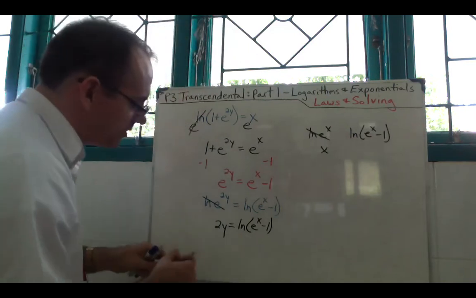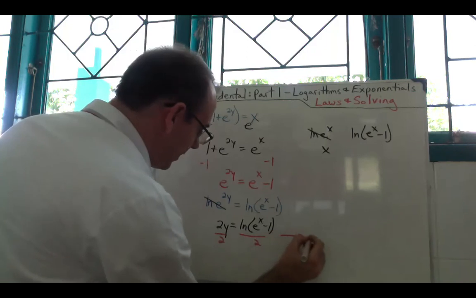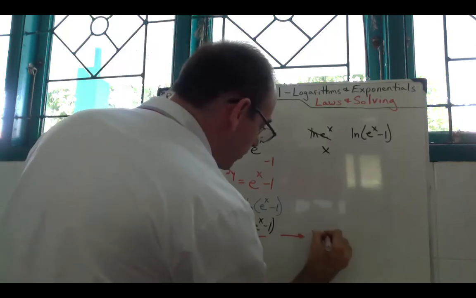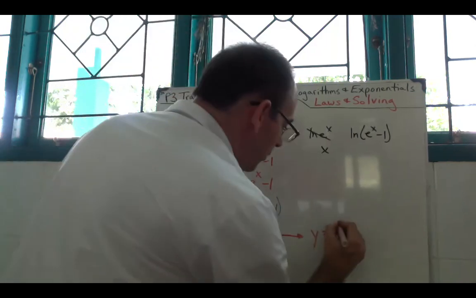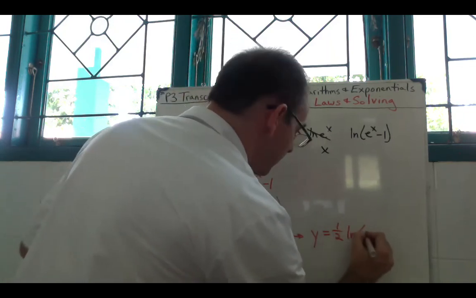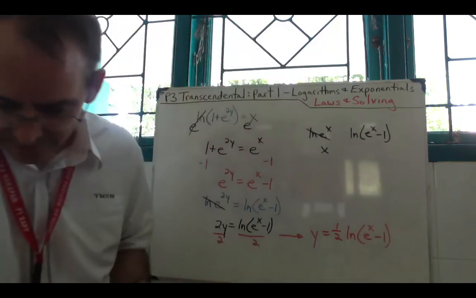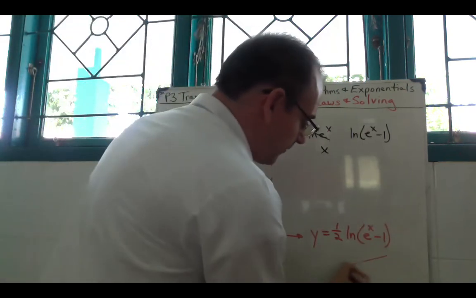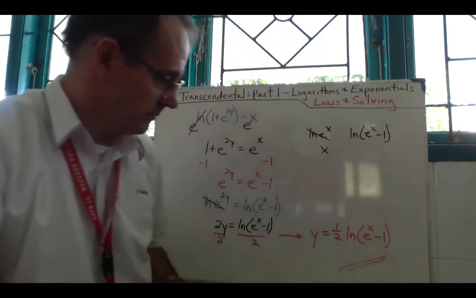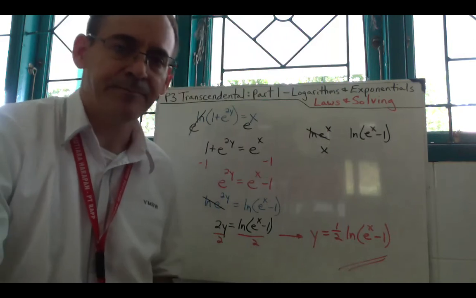And so now you just divide both sides by 2. And so we end up with y equals, there's y as our subject, 1/2, we can put that in the front, ln of e to the x minus 1. And that then is our equation made with y as the subject. Okay.